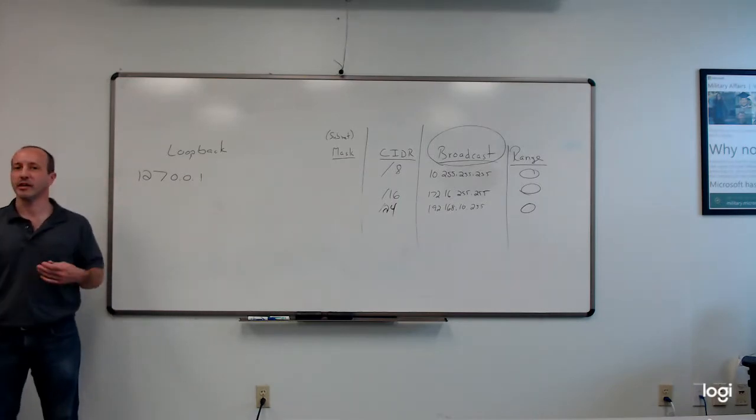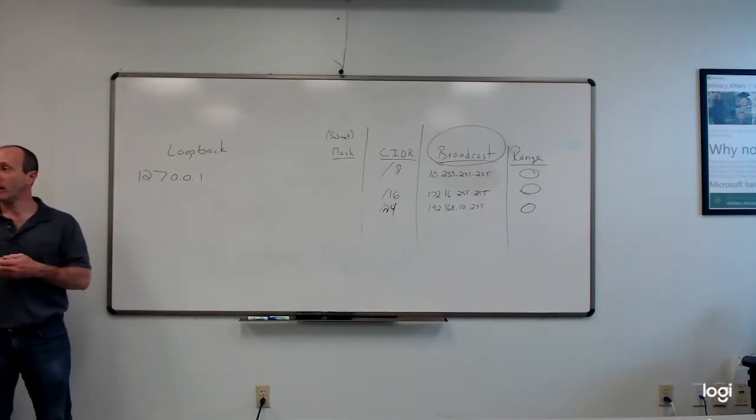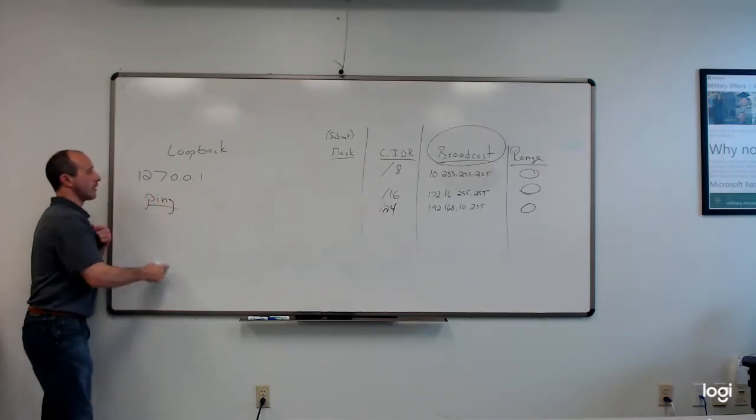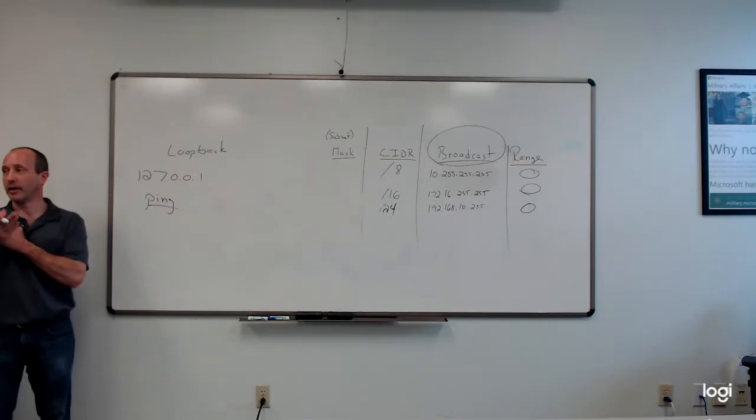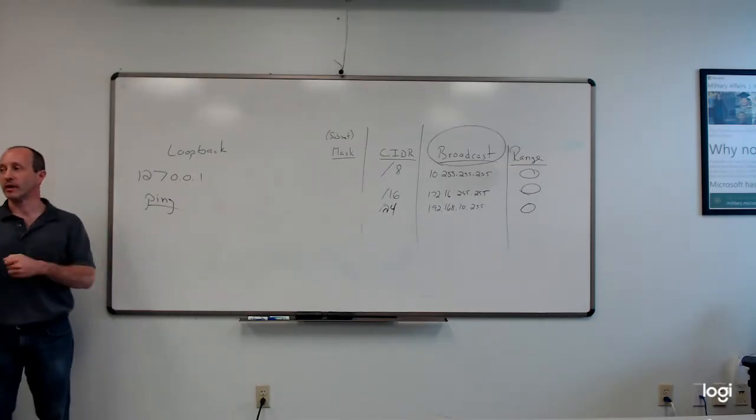You'll test your own connectivity to your own network. To test connectivity from one machine to another, we use the ping command and the other address, 192.168.10.5, to test it. But we'll talk about that.